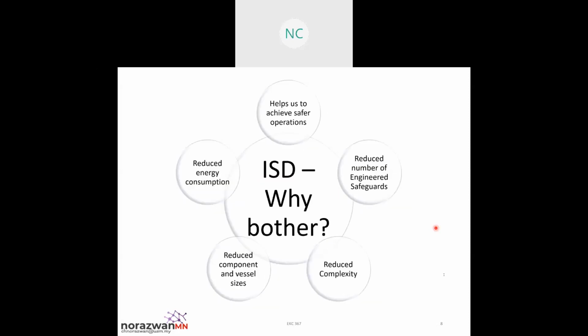Basically, there is a give and take between volume and concentration when you try to implement ISD. ISD helps us achieve safer operation and reduces the number of engineered safeguards. It reduces complexity through simplification techniques, reduces components and vessel size, and helps reduce energy consumption. These are the advantages of implementing ISD in your plant design.